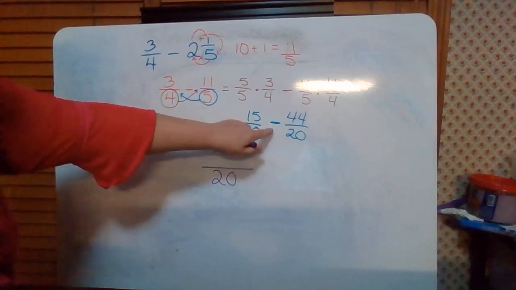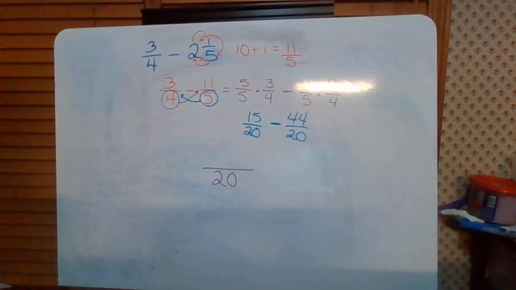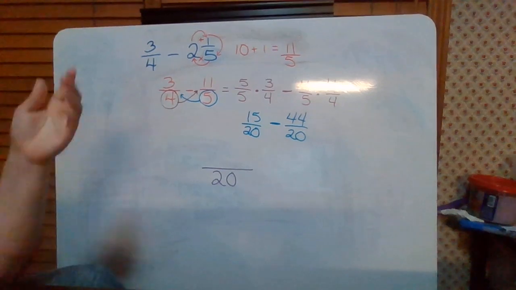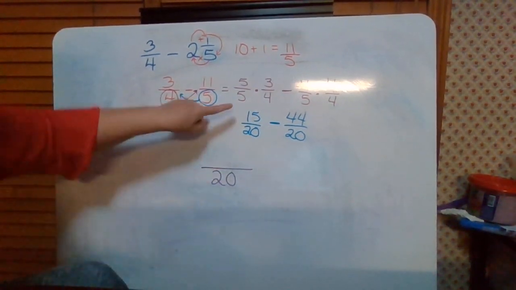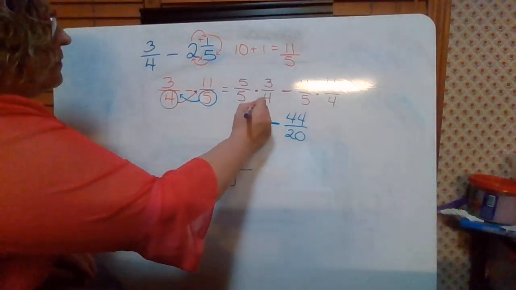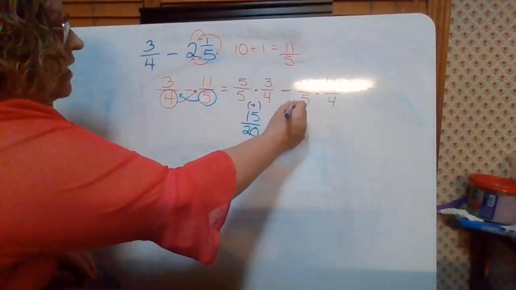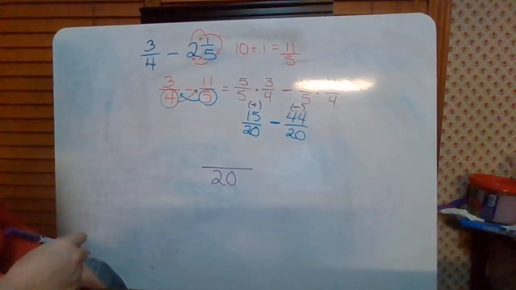Now, 15 minus 44. Remember when we were talking about sign rules? Are my signs the same? I have a positive here and a negative here. No. Therefore, I don't add the numbers.